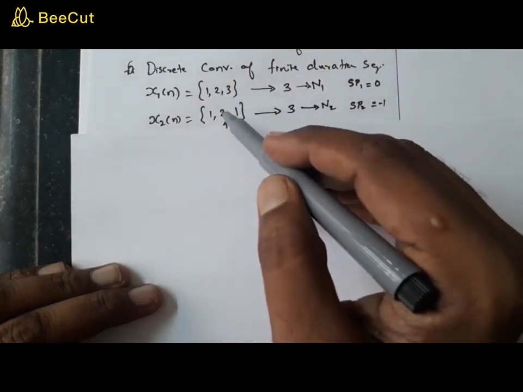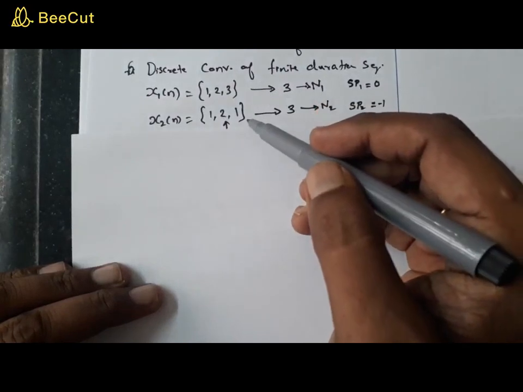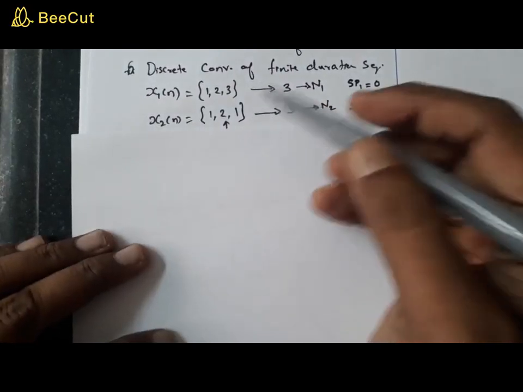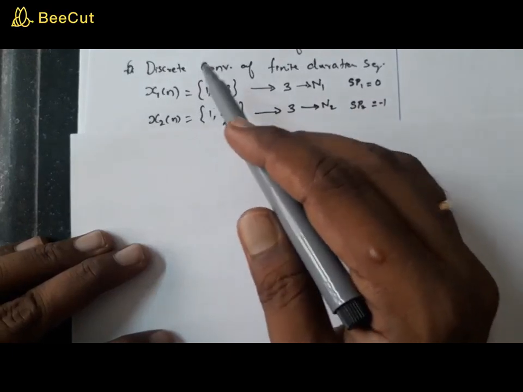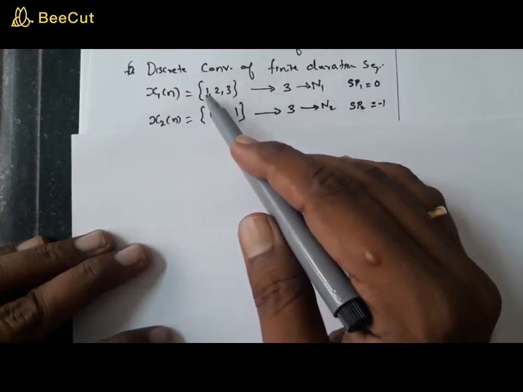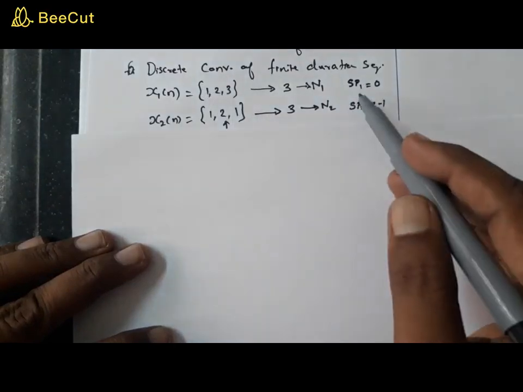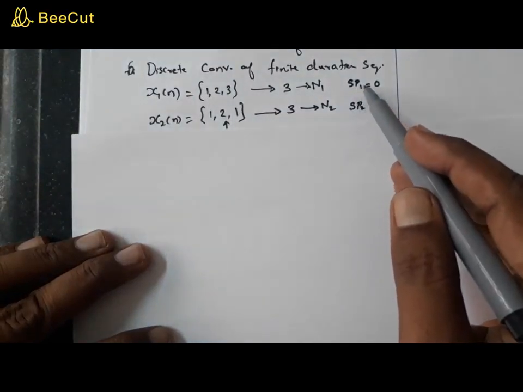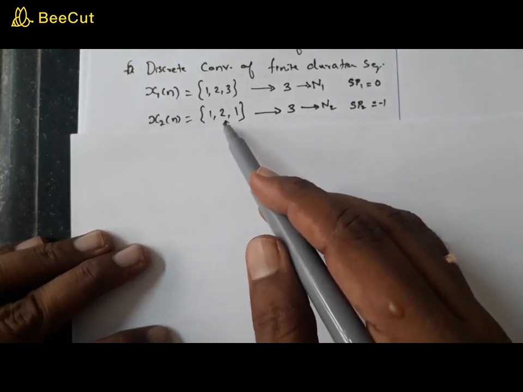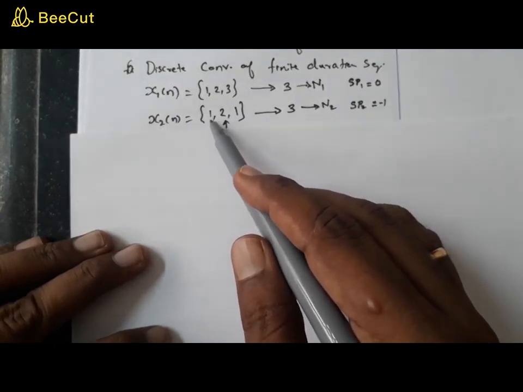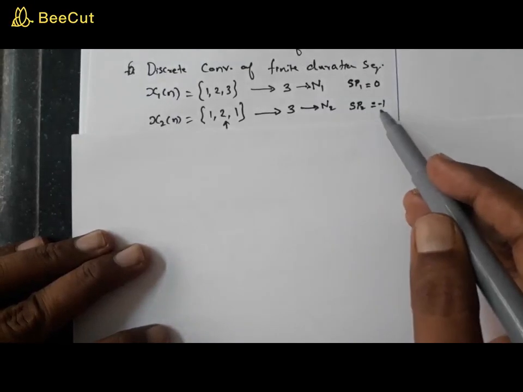The difference is the starting point of x1 of n is not the starting point of x2 of n. x1 of n starts at n equal to 0, so the starting point is denoted by sp1 equal to 0. x2 of n starts from -1, therefore sp2 is -1.